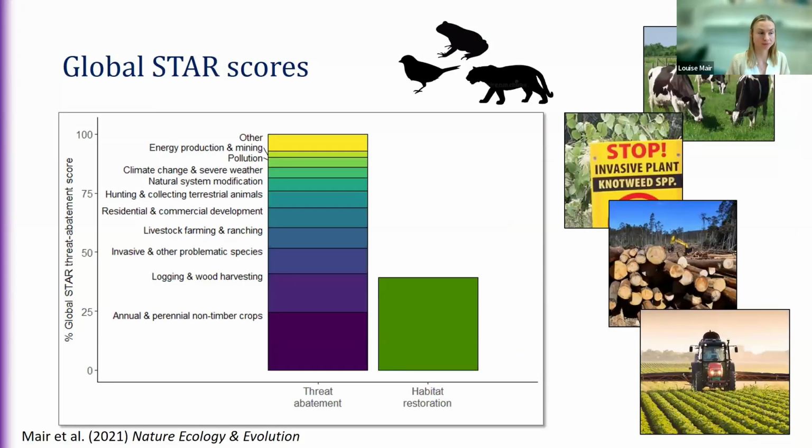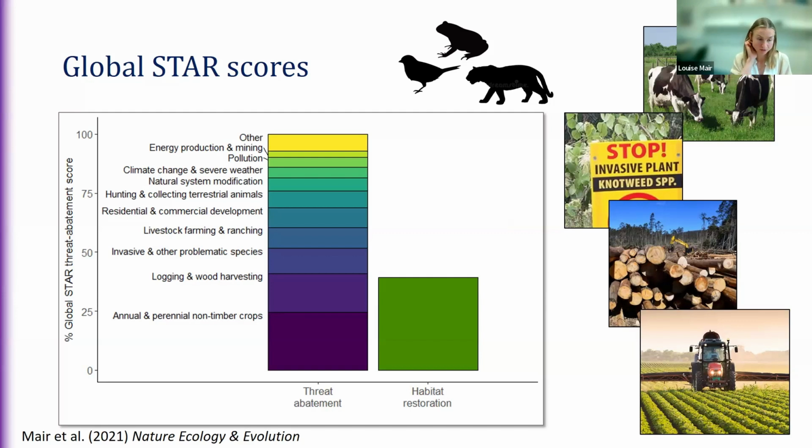So that's the calculation. These are the global results for STAR calculated for terrestrial amphibians, birds, and mammals. So we have a total threat abatement score, and this has been divided up into the relative contribution to the score from the different threats. And we also have a total habitat restoration score.